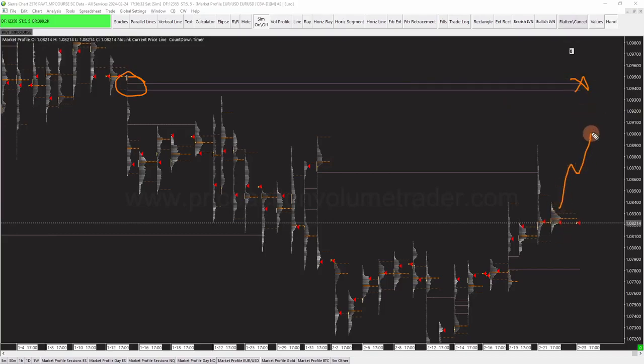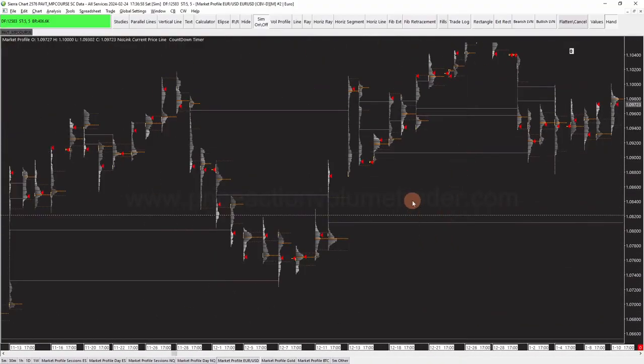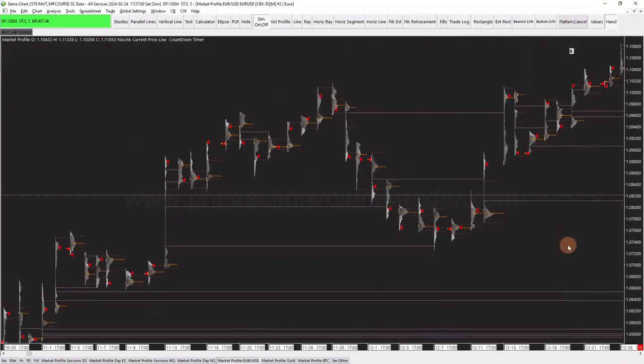So if market starts pushing up, I'm looking at this high from this day, and then right above that we have these two single prints, plus we can see we had a pretty balanced area right over here. So this is a big area of interest if we do push up, and we can use those single prints as a guideline for our take profit levels.